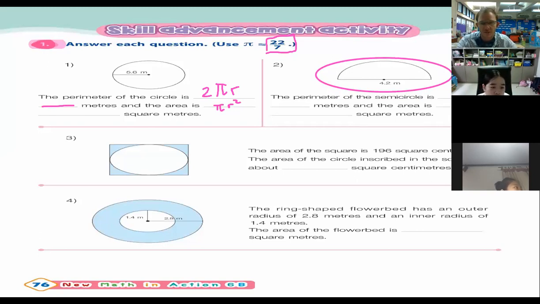We might have 2 pi r for the perimeter, but at the end we have to divide by 2 to get the perimeter of a semicircle. We do the same for the area, so the way you can write that is pi radius squared divided by 2.